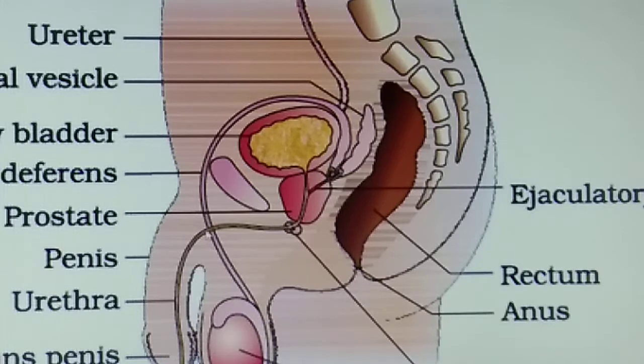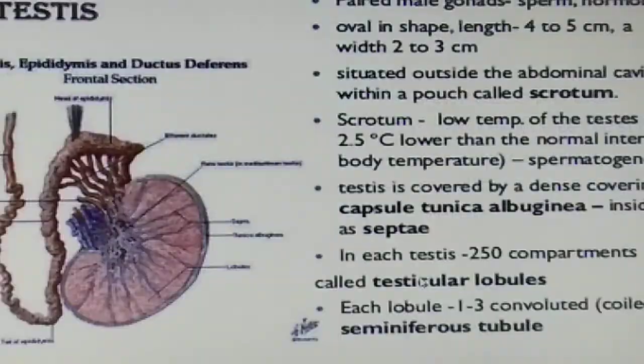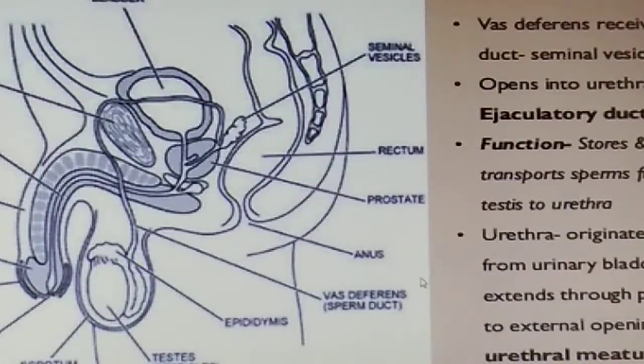The sperms are formed with the help of the testis inside the seminiferous tubule. Then they travel along this vas deferens, then urinary bladder, then they come through the urethra. So this was all about the accessory ducts.